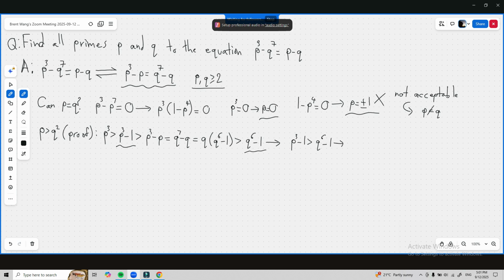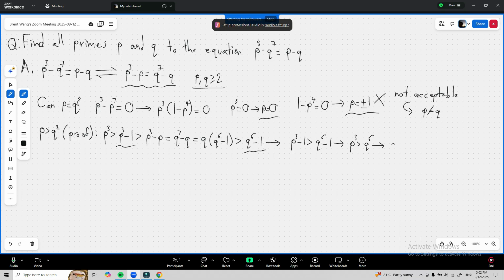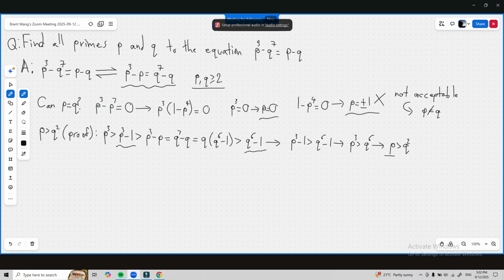Take out the negative 1 on both sides. p cubed is greater than q to the 6, and since both sides are positive, you can take the cube root of both sides. So then you get p is greater than q squared, and we have proved what we claimed earlier, and this also automatically implies that p is greater than q. These will be helpful for us later.